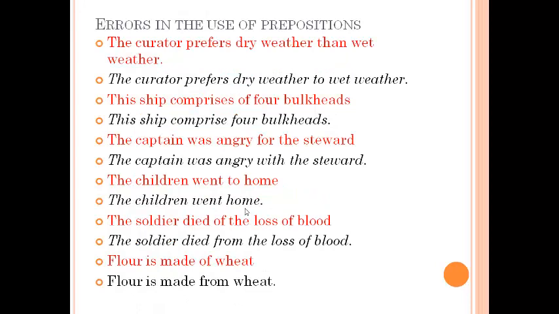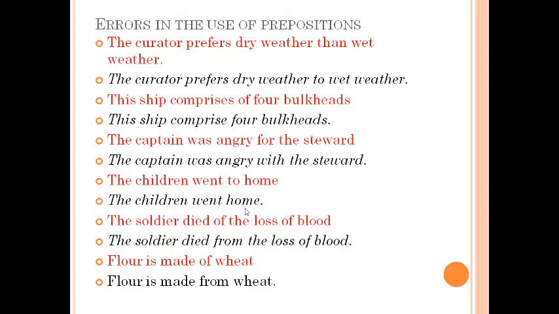Next, errors in prepositions. What is a preposition? A word which is placed before a noun is called a preposition, right? We already discussed what a preposition is. Why do we place it? To show its relation with other nouns, pronouns or phrases, we use prepositions. What are the kinds of prepositions?